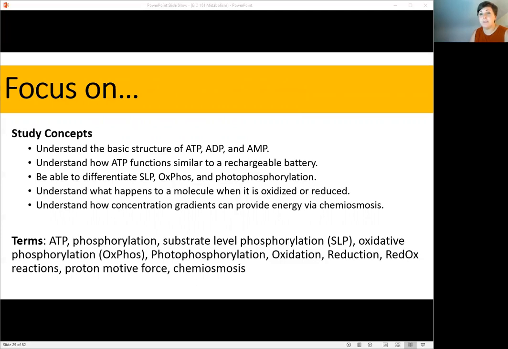You need to know the terms ATP, photophosphorylation, substrate level phosphorylation, oxidative phosphorylation, oxidation, reduction, redox reactions, proton motive force, and chemiosmosis.